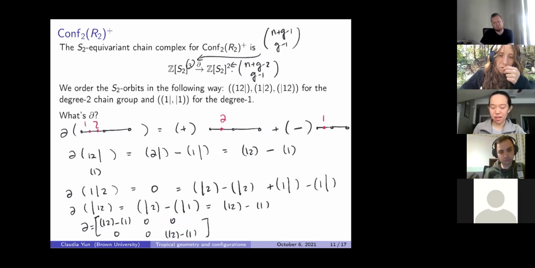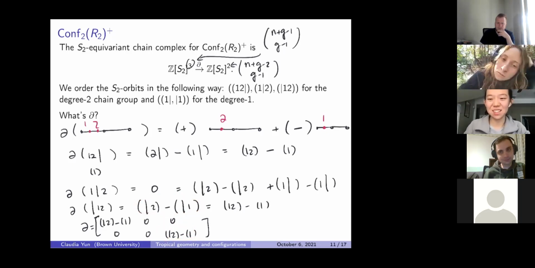And in particular, if we consider the permutation that gives us this, then it is 1, 2 minus 1. So I think this part is a little bit weird. But does it sort of make sense?